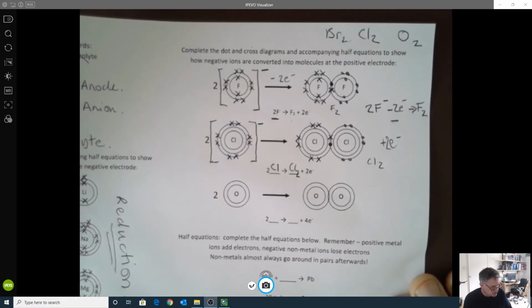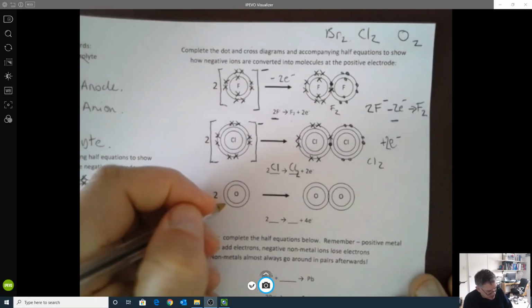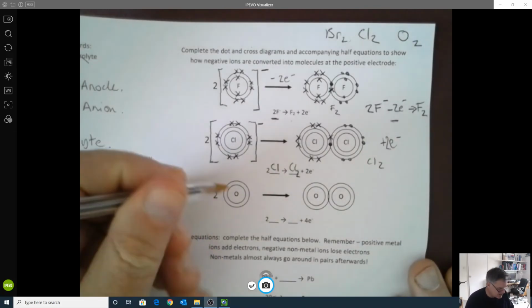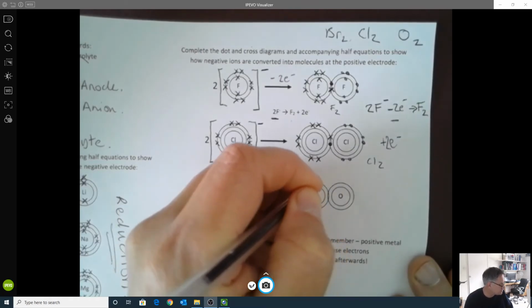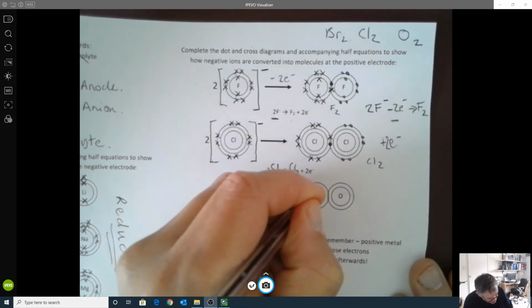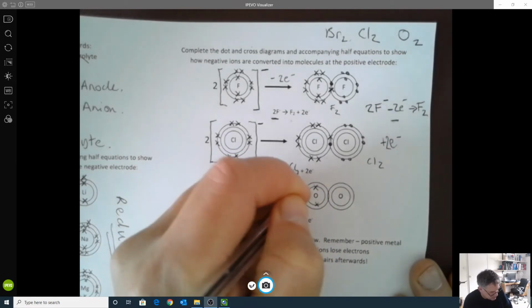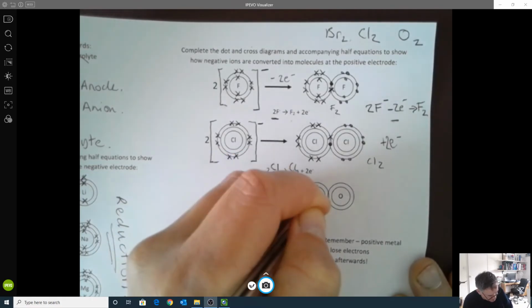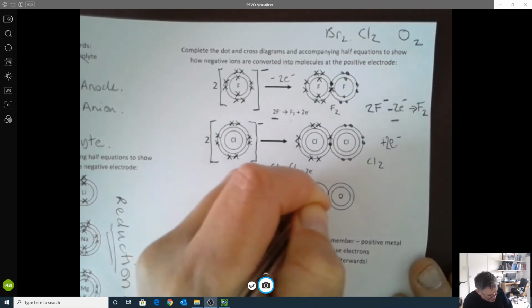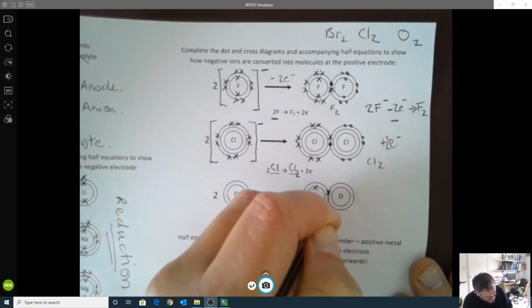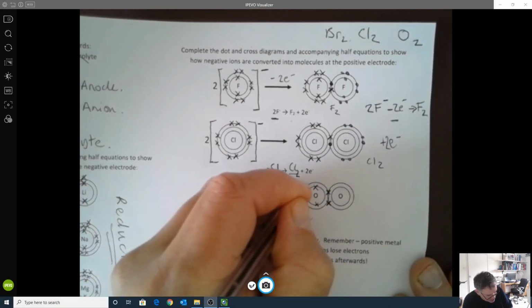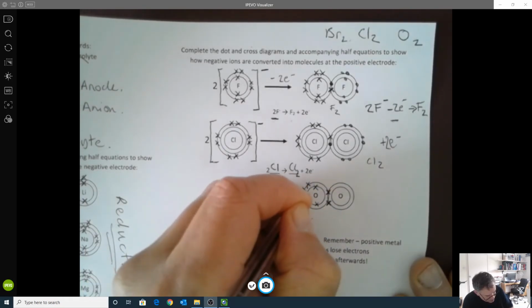Now oxygen is just about as difficult as you're ever going to get. Oxygen has 8 electrons overall, so it has 6 electrons in its outer shell. Now it actually forms a double bond, so I've got 2 electrons from this atom in the double bond, and it's got 2 there.